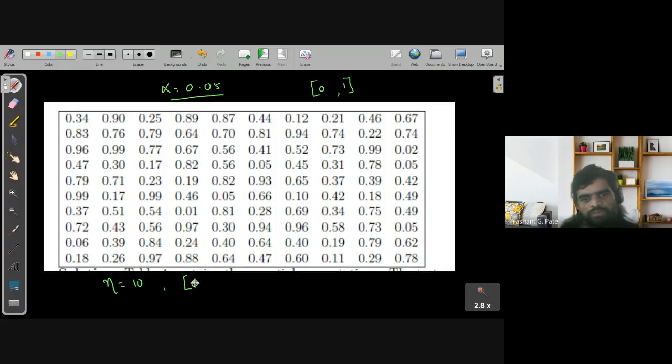Hence the intervals are 0 to 0.1, 0.1 to 0.2, up to 0.9 to 1. These are the intervals.